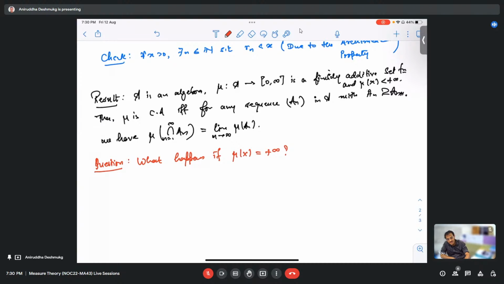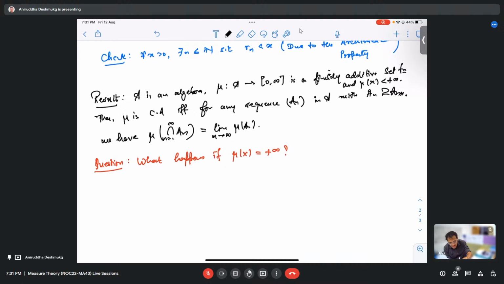Have you tried it? What do you think happens? Can we conclude the same thing? Suppose mu of X is plus infinity, not finite.